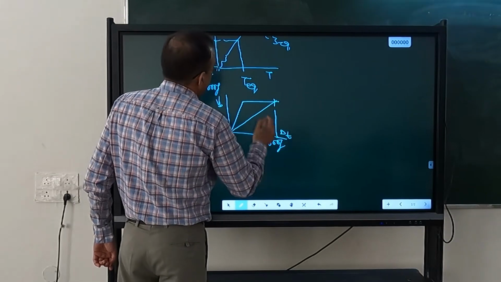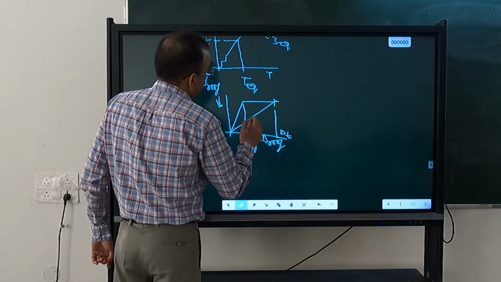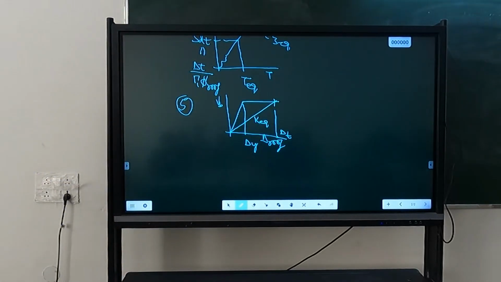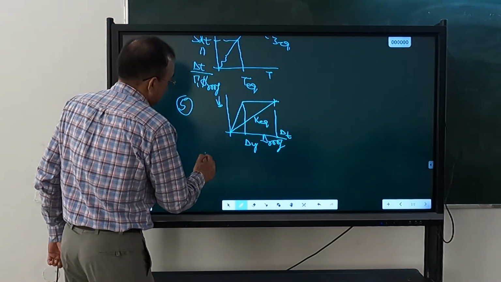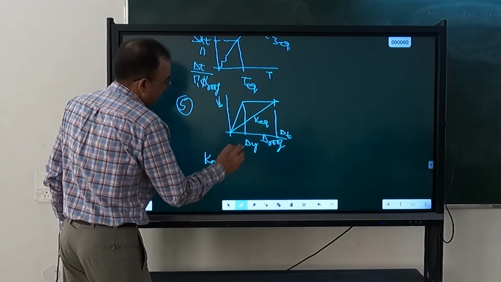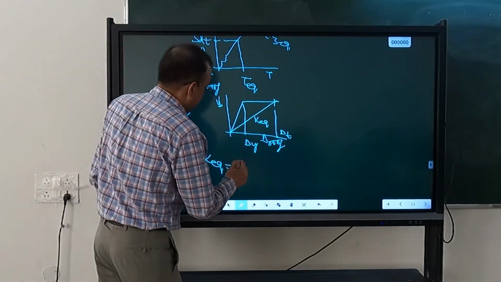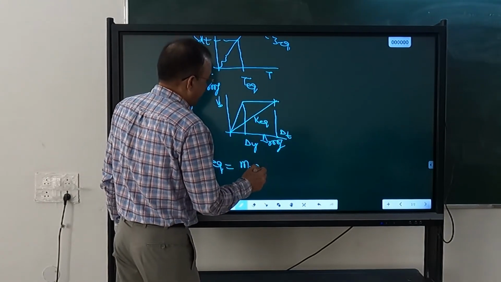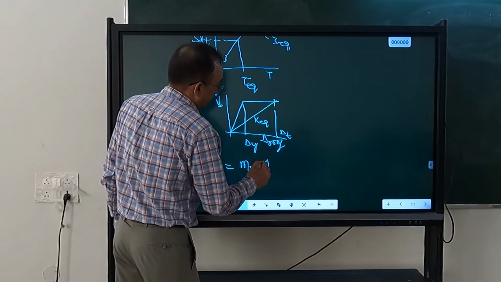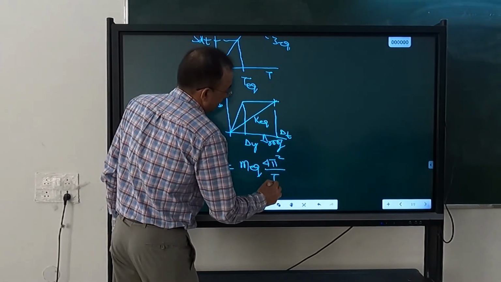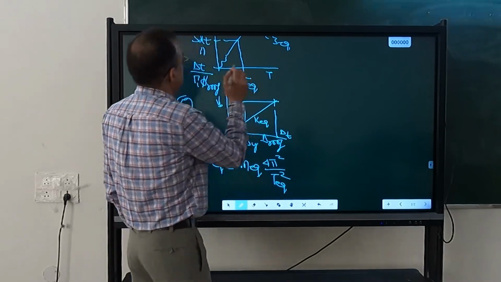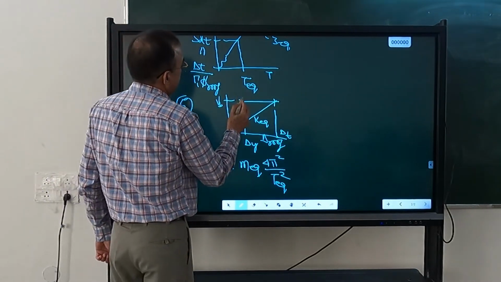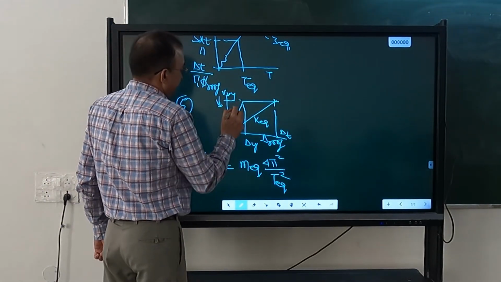This is delta T, this is delta Y, this is our K equivalent. So this K equivalent will be equal to M equivalent into omega square, that is 4 pi square divided by T equivalent, which you have read from this. And then you can calculate this du.